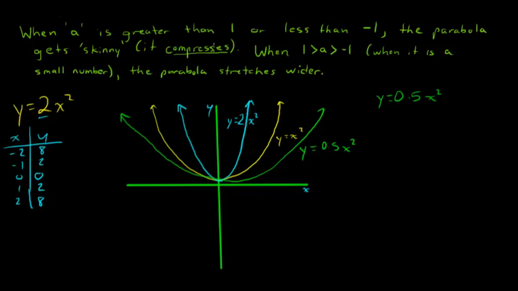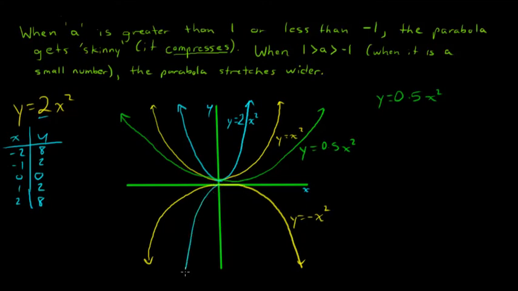Well, now what about when a gets into the negative? We know that that flips it upside down. Well, the same kind of rules apply. So here's our perfect y equals negative x squared. If it goes more negative than just that negative 1, then it's going to be a little bit steeper.